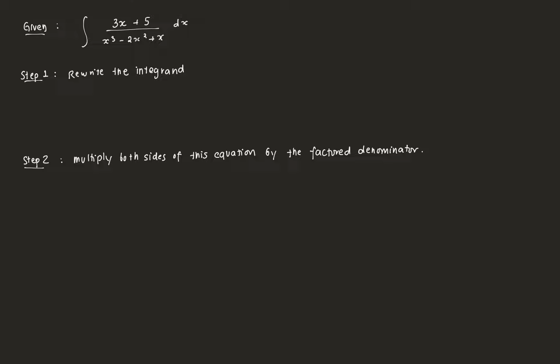Say we have this example, the indefinite integral of (3x + 5) over (x cubed minus 2x squared plus x) dx. Step one, we can rewrite the integrand. The integrand is (3x + 5) over (x cubed minus 2x squared plus x).